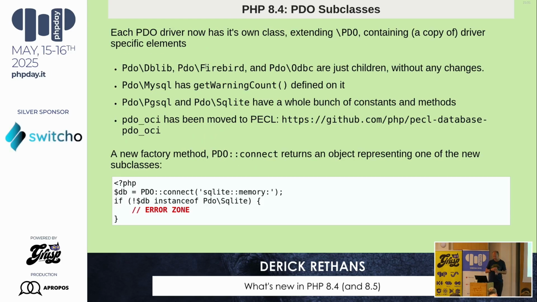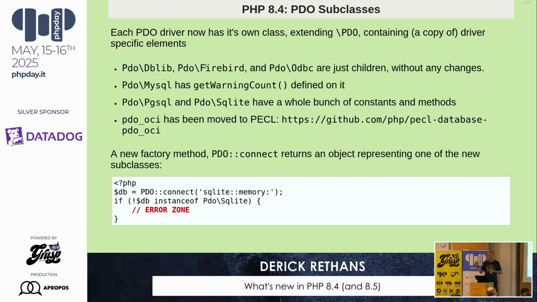PHP 8.4 introduces PDO subclasses. If you do new PDO, the object that you get back has to be a PDO object, because new ClassName has to return an object of that name. But there are so many different PDO drivers, like the MySQL one, the PostgreSQL one, Firebird, ODBC, SQLite.